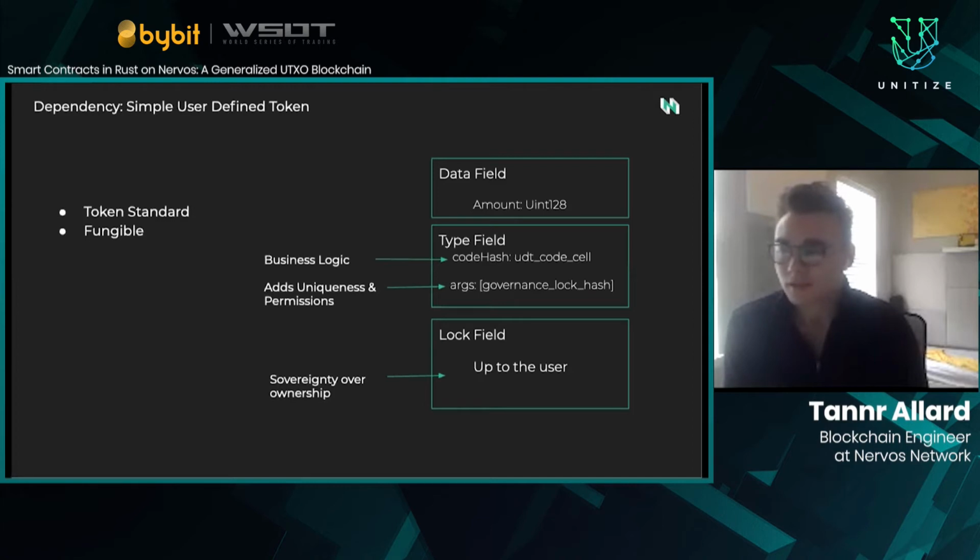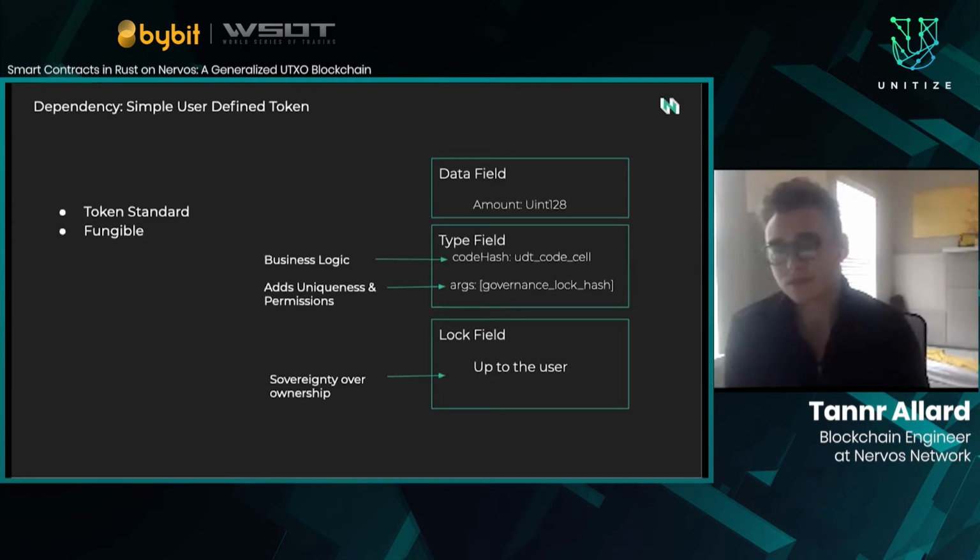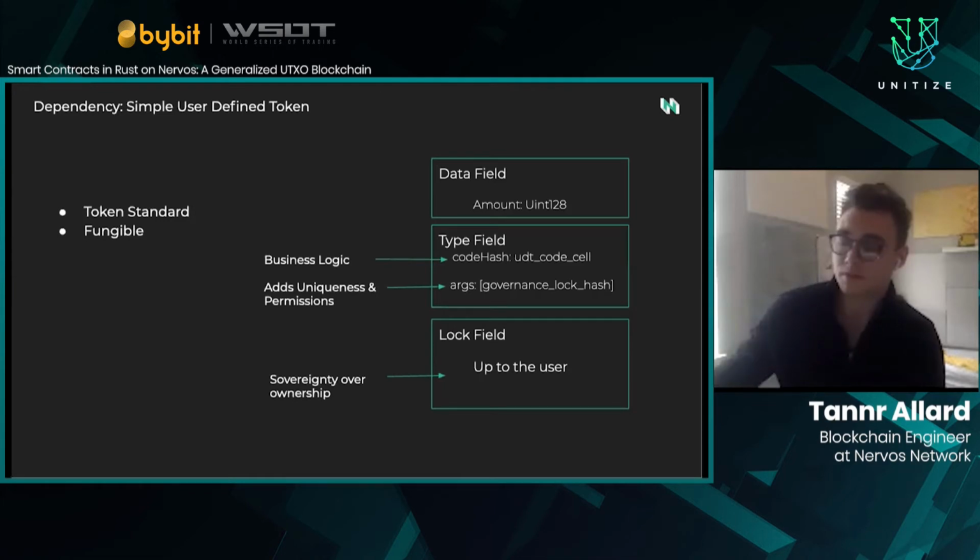That means that other systems, say for example decentralized exchanges or lending protocols, can interoperate with the token standard directly by simply providing a lock script that implements the custom logic for that particular system. And users can opt in simply by changing the lock field of their cell and participate in all these different systems with whatever custom token they're holding. So there's a lot of interoperability capabilities from this design.